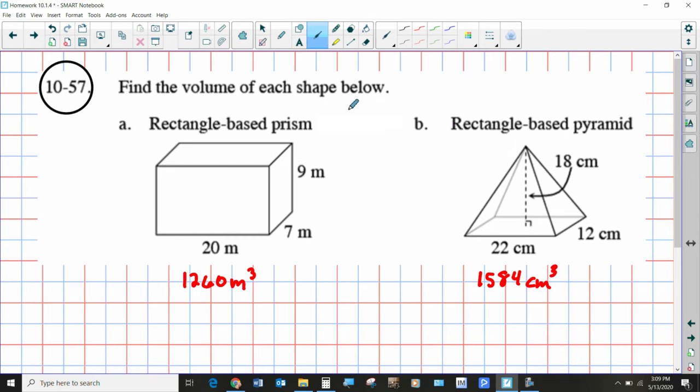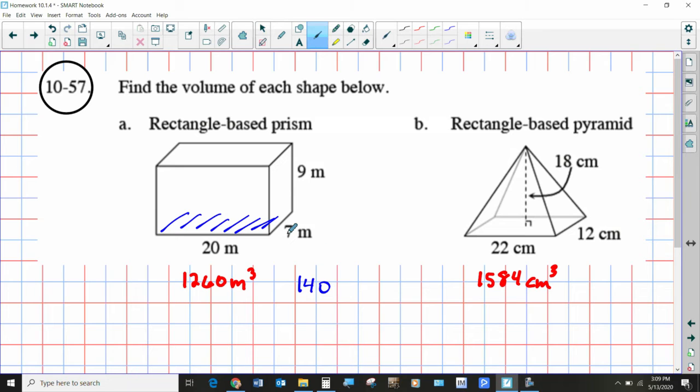All right, find the volume of each of these shapes. Well, the volume formula for this is take the base area and multiply it times the height. In this case, it doesn't matter what our base area is because it's a rectangular prism. We could make this our base area, or this one, it doesn't make any difference. So I'm going to make this the base area and say 20 times 7 is 140.